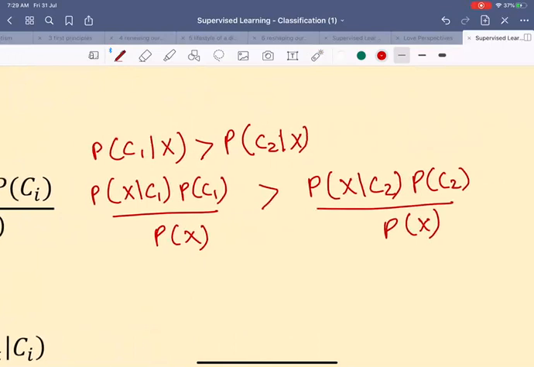Now within these two formulas, can you tell me one term that I do not need to evaluate and still I'll have the same answer?